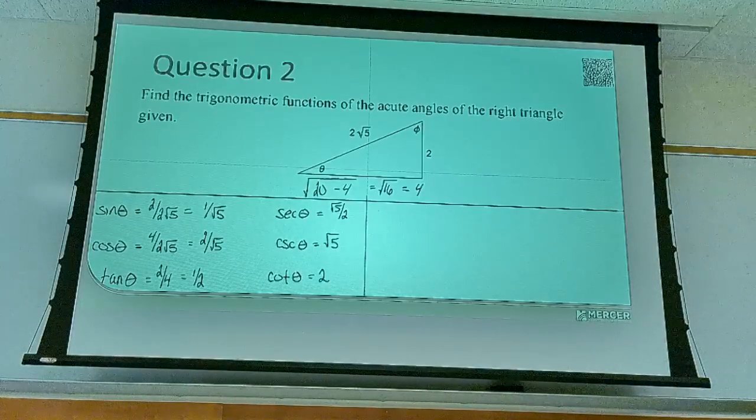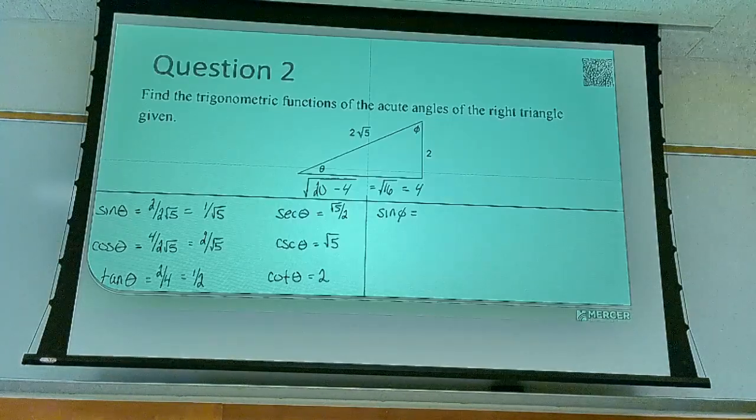And then you have your other ones. What's sine of phi? Square root of 5 over 2?